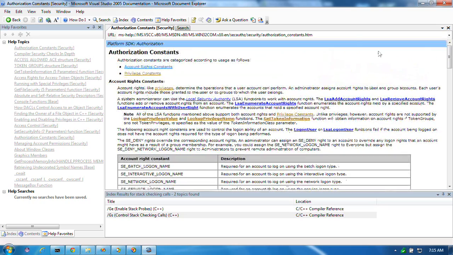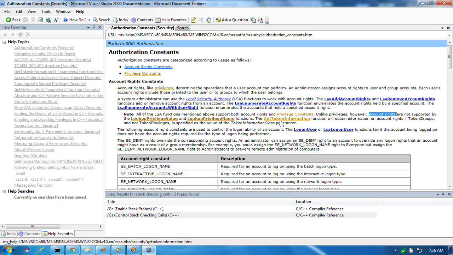Like for instance, just reading this: all the LSA functions mentioned above support both account rights and privilege constants. Now, privilege constants are like that SE debug name, and so on. Unlike privileges, however, rights are not supported by the functions the operating system provides.